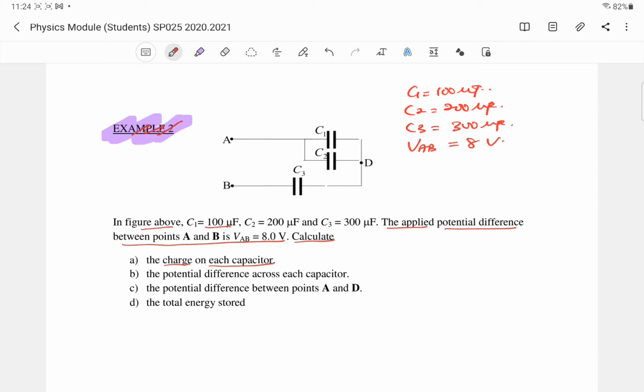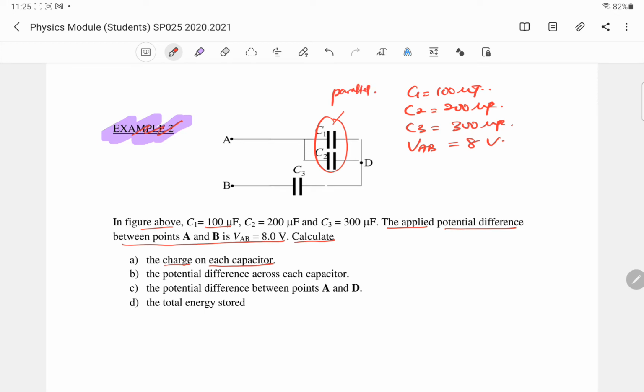Sebabnya kita tahu kita punya Q dekat sini. Untuk kita dapatkan Q dia, apa dia Q tu? Q tu adalah dia punya charge. Okay, so kita tahu C1 and C2 ni are connected in parallel.